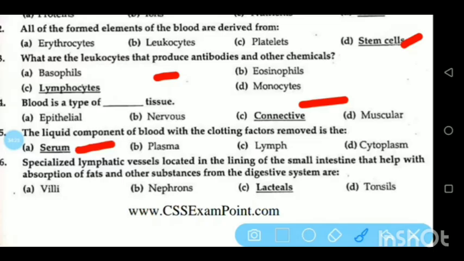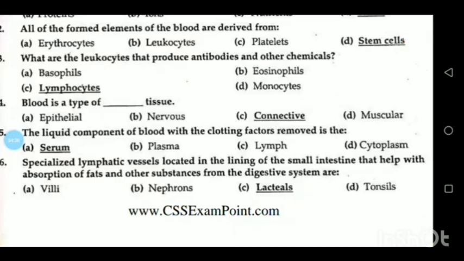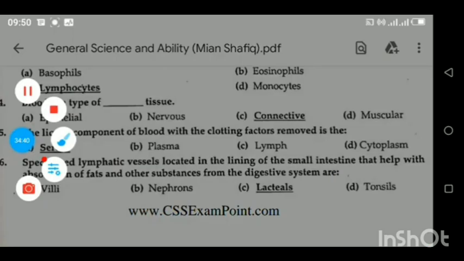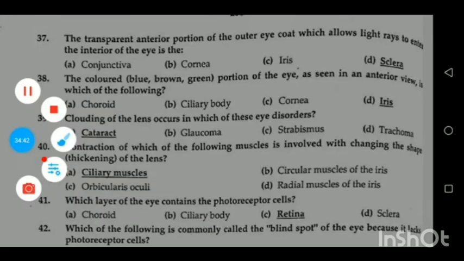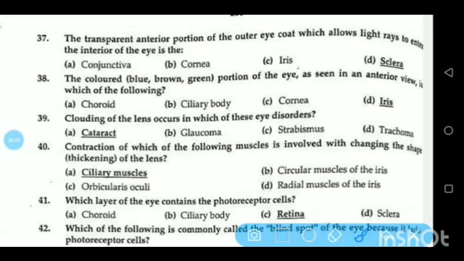Specialized lymphatic vessels located in the lining of the small intestine that help with absorption of fats and other substances from the digestive systems are lacteals. The transparent anterior portion of the outer eye coat, which allows light rays to enter the interior of the eye, is the sclera.